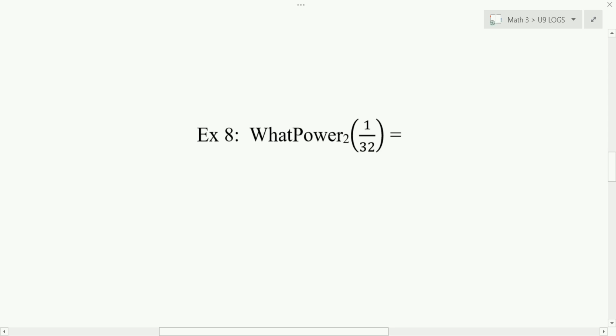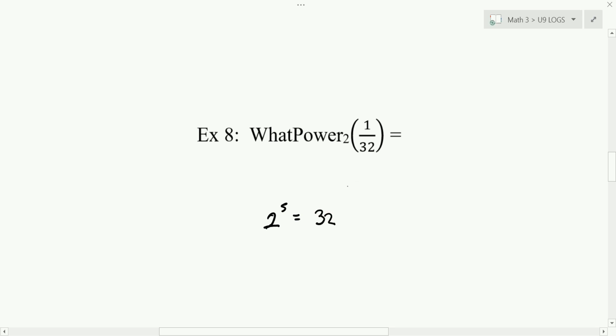Okay, well we know that 2, let's try it out. 2 to the 5th power. What's 2 to the 5th power, guys? That's 32, but we want 1 over 32.